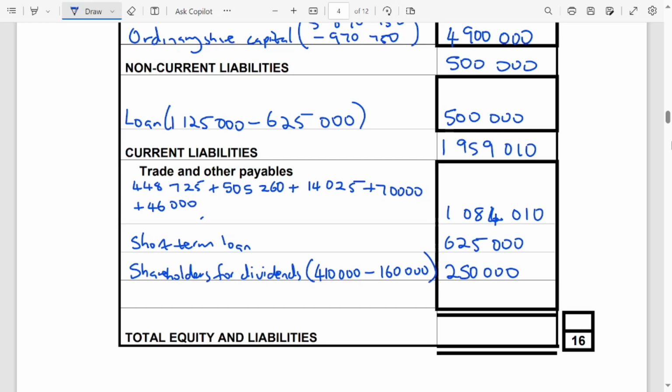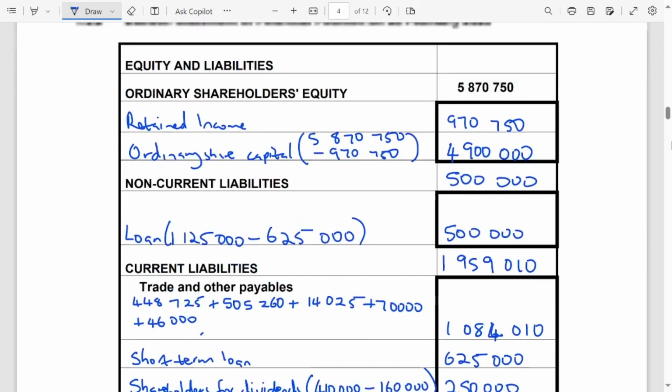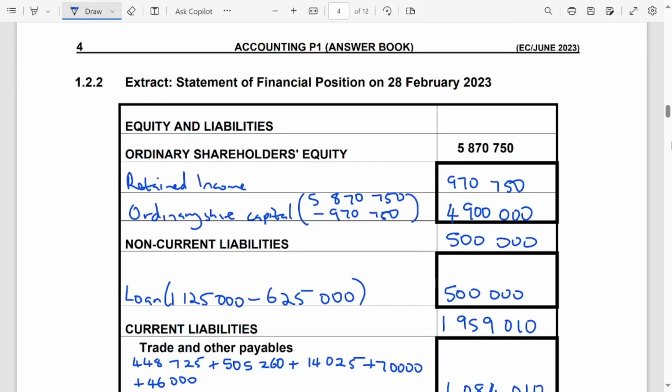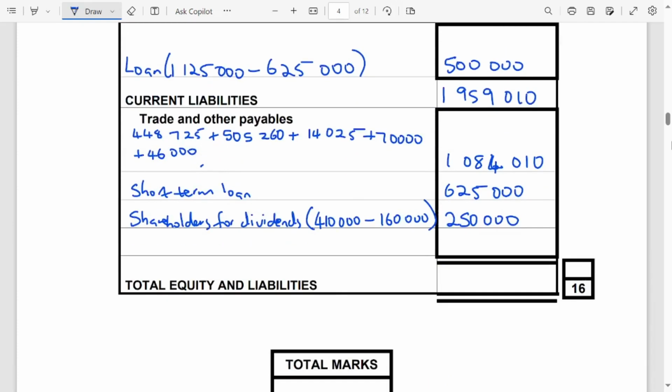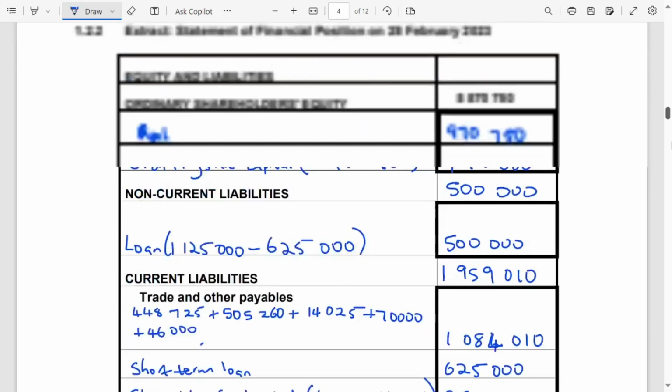Now to get the total equity and liabilities, we have to add the current liabilities with the non-current liabilities and with the ordinary shareholders' equity, which is 5,870,750. So that's going to be 8,329,760. So it means that we are done.